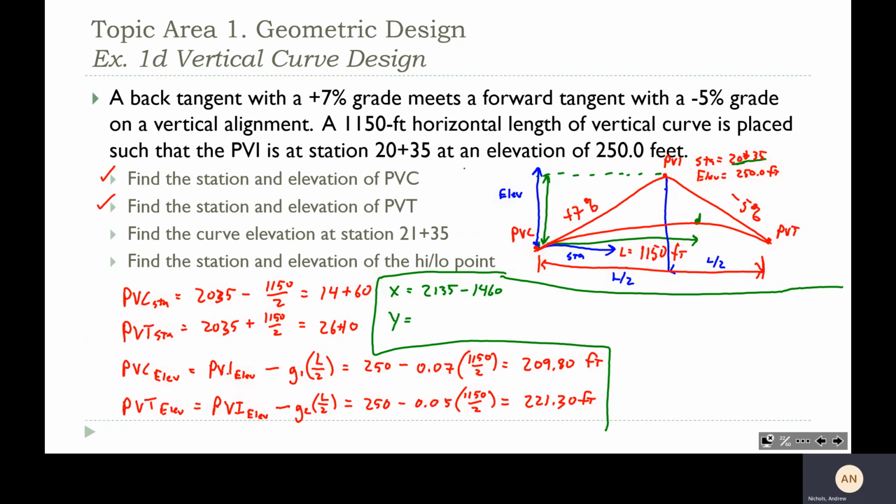So I'm not going to write the variables out. I'm going to go ahead and put in what it should be. So YPVC, that's the 209.8 that we just calculated down here. And then plus G1, which is 0.07 times X. Actually, we didn't finish that. What's 2135 minus 1460?